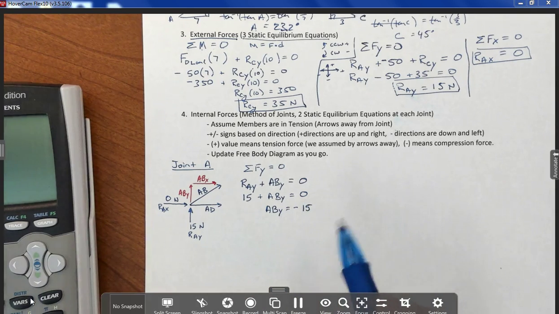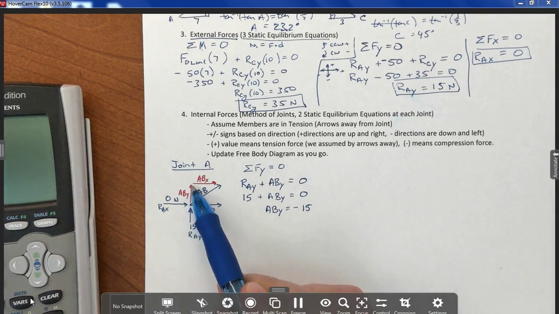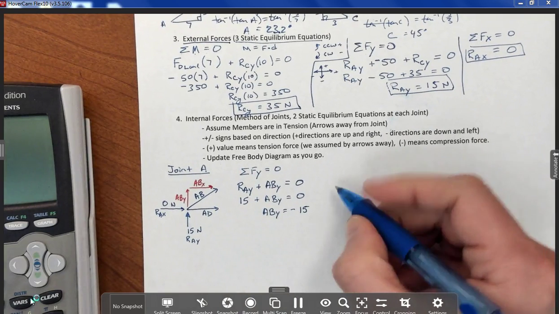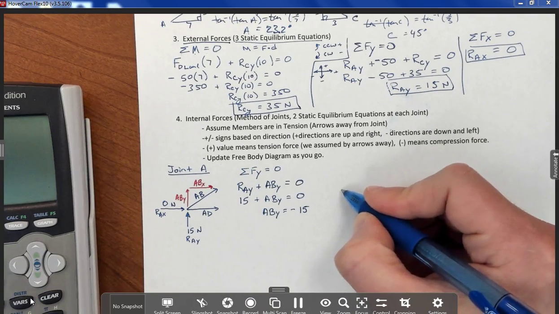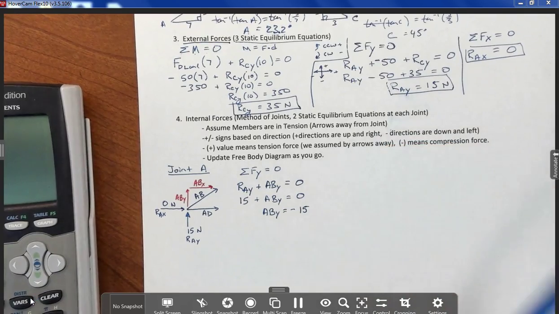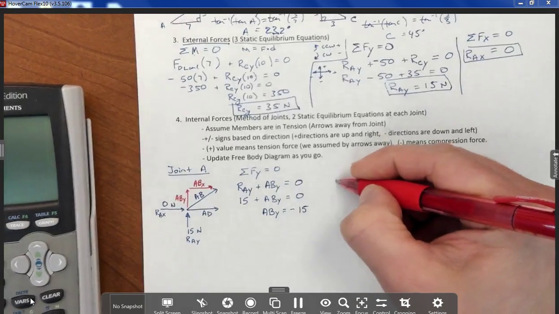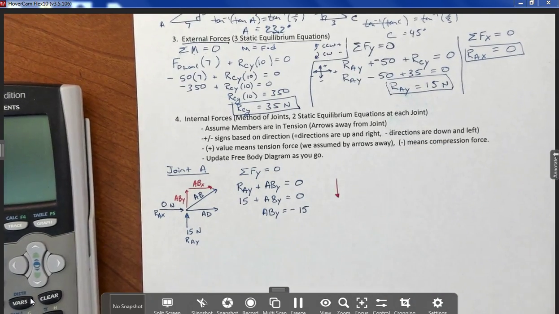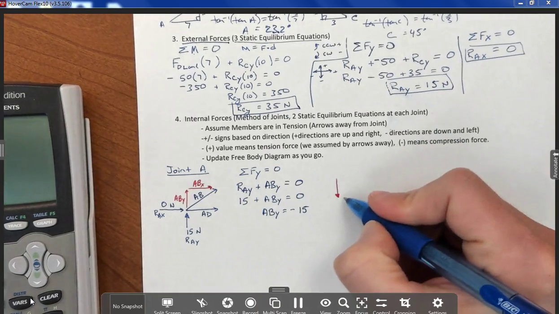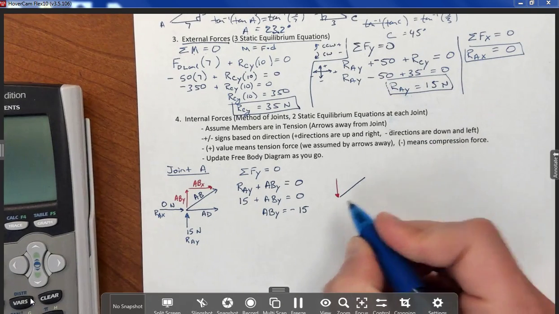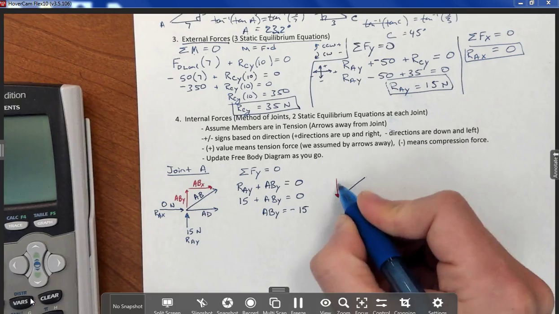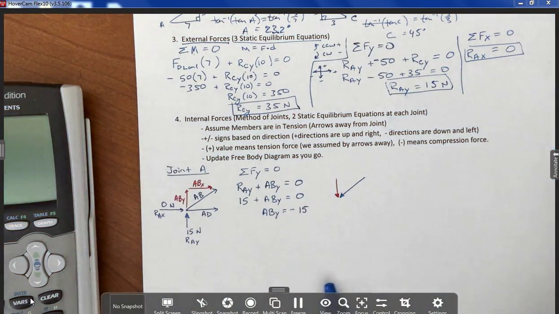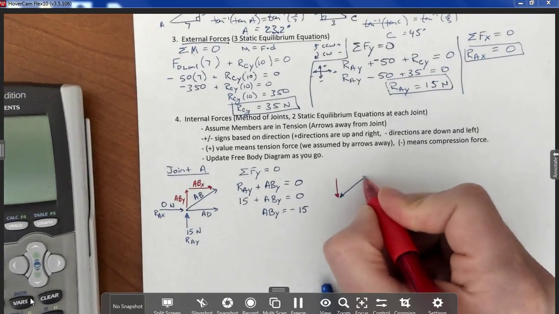And the negative tells me that that arrow was not actually going up. It was going down. So if I redraw, and I'm going to want to redraw this anyway, I'm going to redraw ABY, real quick, and that was really down. And so this vector AB, the arrow's got to be on one end or the other. If this is down, then the arrow really should be here, and that means that it was down and left, not up and right.